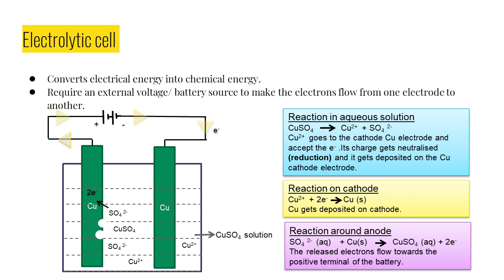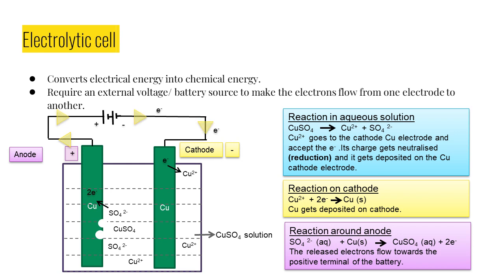At the negative terminal copper electrode, electrons are coming, and these electrons will reduce the copper ions which are present in the electrolytic solution. So here what is happening? Reduction is happening. So this electrode, where reduction is happening, will be the cathode. Red cat: R for reduction, C for cathode.